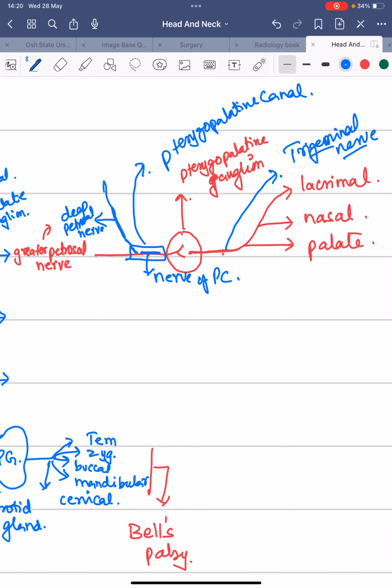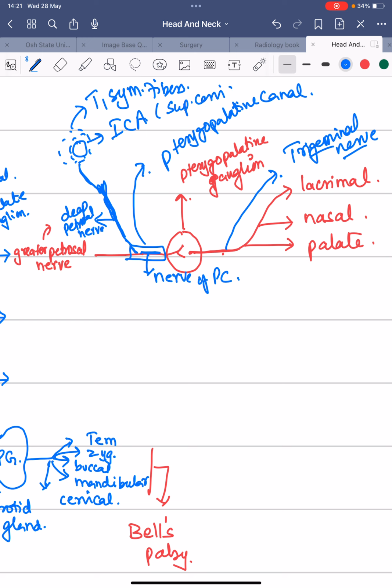Please remember here you have your internal carotid artery. And along the internal carotid artery, it is surrounded by your T1 sympathetic fibers. These are your what? T1 sympathetic fibers present around your internal carotid artery, which are coming out from your superior cervical ganglion.